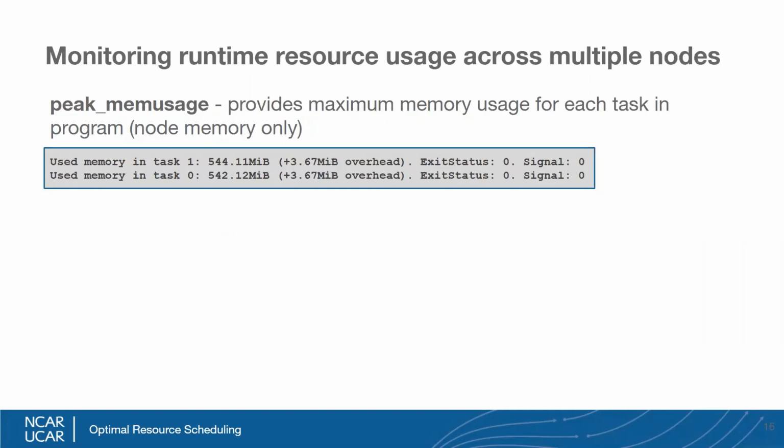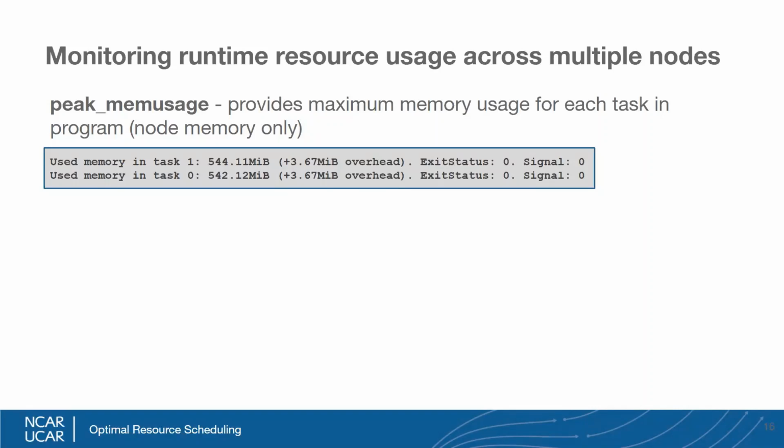Now there's more complicated ways to monitor your resource usage, and these are useful if you're running an MPI job, for example, across multiple nodes, or a Dask workflow or something like that that's farming tasks out to different nodes.